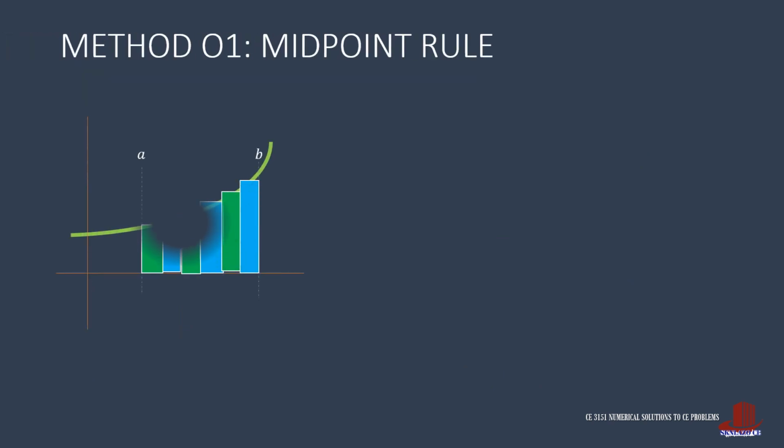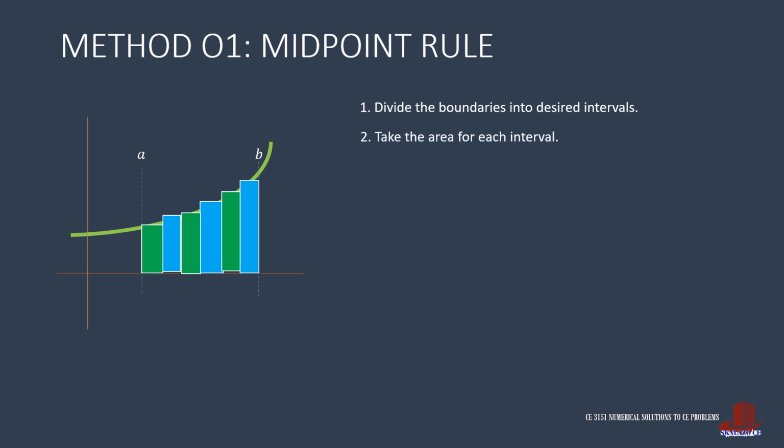The first method of numerical integration is called the midpoint rule. With the task of looking for the area below a curve bounded by the limits a to b, a desired number of intervals should be provided. These intervals also stand for the number of rectangles comprising the total area. The dimensions of the rectangles are necessarily determined to take the area.